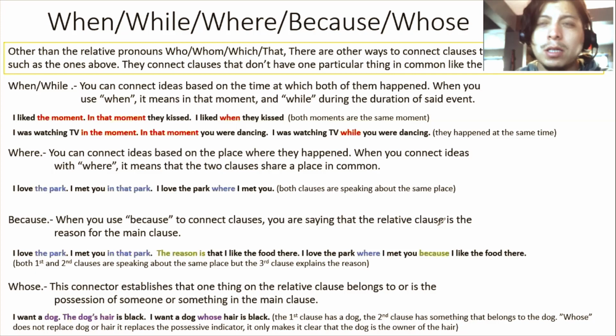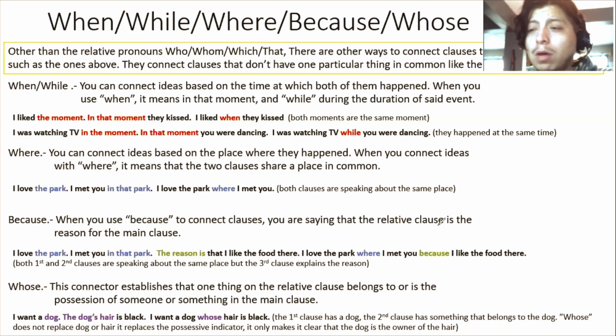A relative pronoun is pretty much when you have two sentences that are speaking about the same element, the same thing, and that thing can become the connector that is linking the two ideas. So for example, if you have two sentences about the same car, instead of saying, I like this car. It is blue, you can say, I like the car that is blue. So you can use the car as a connector, or a person, okay?